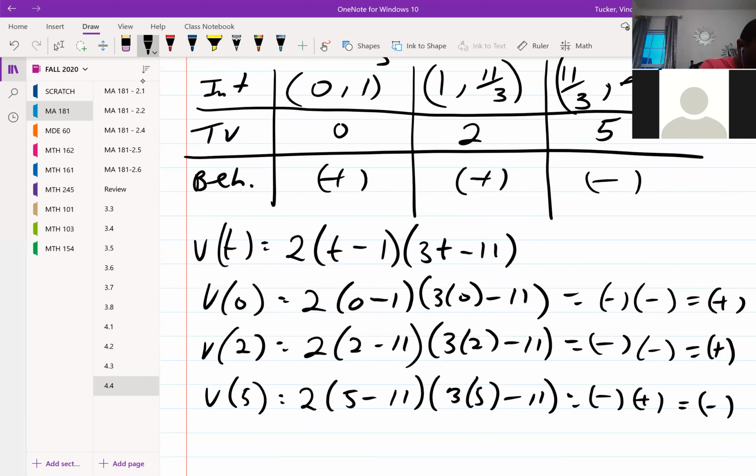I don't know why I feel like that should be a negative. Got positive here, positive here. That's 15 minus 11, so that's positive. 5 minus 11, that's negative. Now let me look at the example, got increasing. Yeah, it should be increasing, decreasing, increasing.